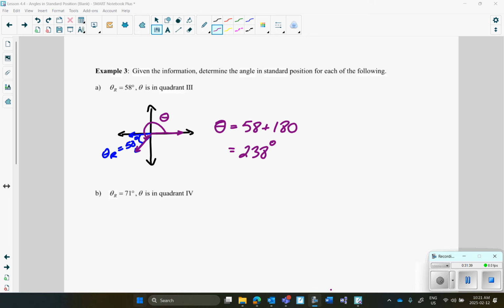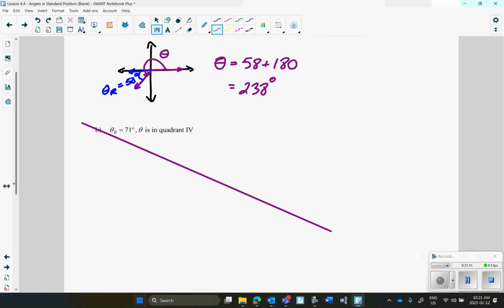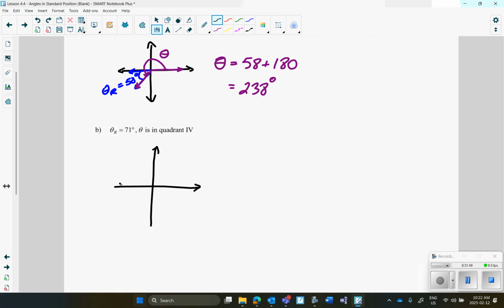Okay, so we do this one. Again, you don't have to sketch it, but sometimes it might be easier if you do visualize it. So we've got a reference angle in quadrant 4, which will be something like that. That's about 71. Somewhere around there. Doesn't have to be perfect.